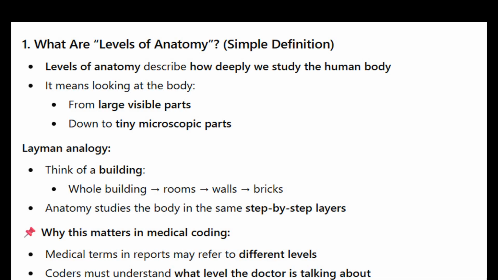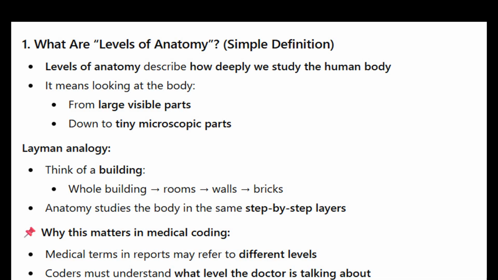You can see these two terms: the large visible part, when you want to study the human body from the larger part, and the second, down to the tiny microscopic part. If there are some diseases or scenarios where we are supposed to study the tiny microscopic part, then that is also considered one of the levels of anatomy. So overall we have two things: from the larger visible part to the tiny microscopic part.